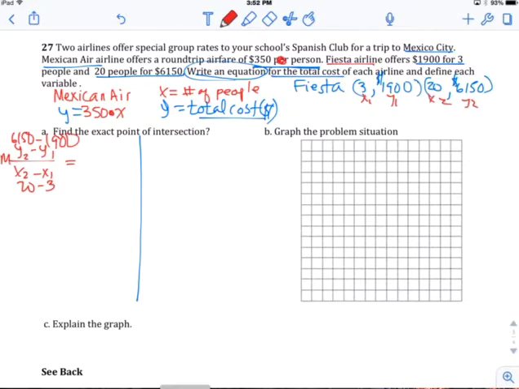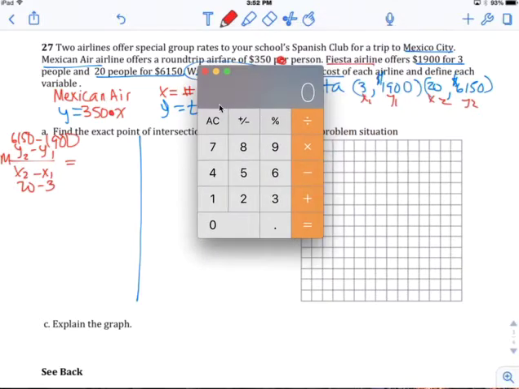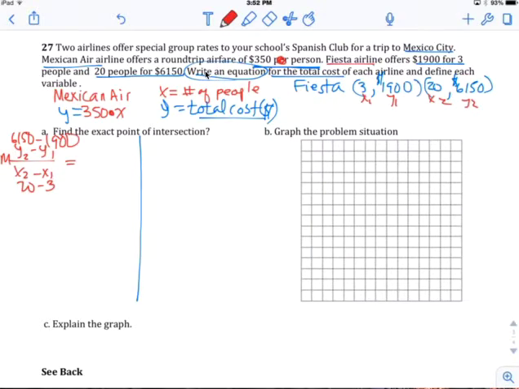Calculator. 6,150 minus 1,900 is 4,250 over 17.